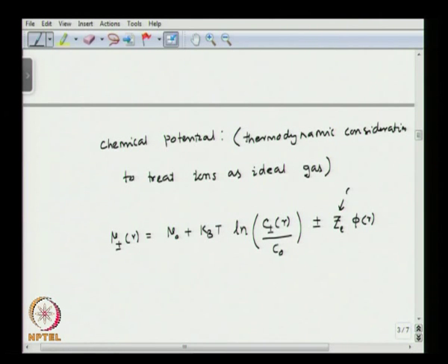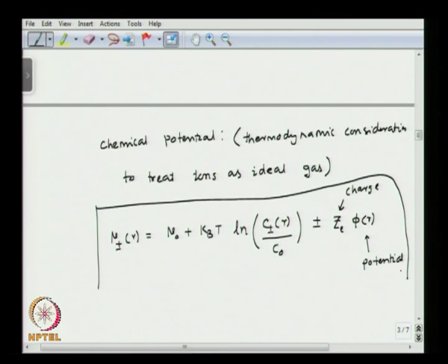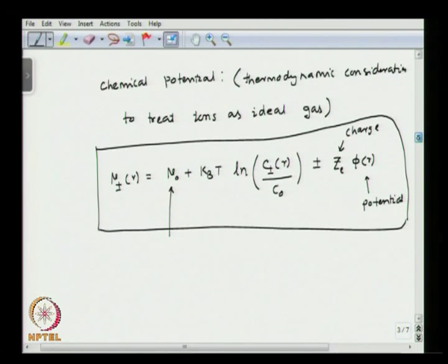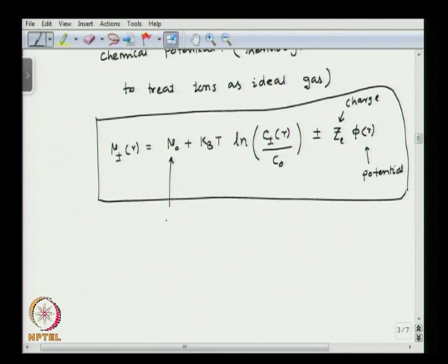So, this is the charge and this is the potential. This is the chemical potential in the absence of electric potential, that is, when phi r equals 0.